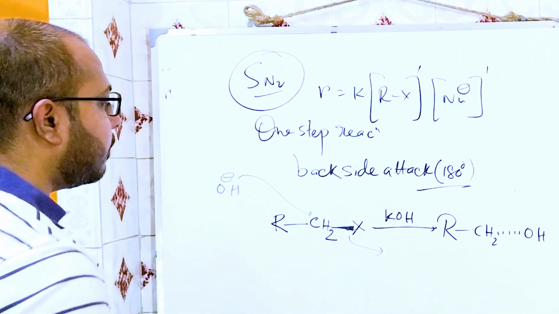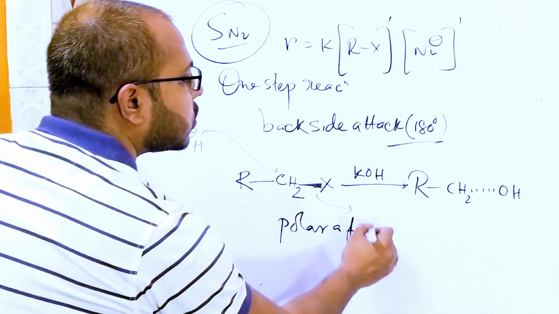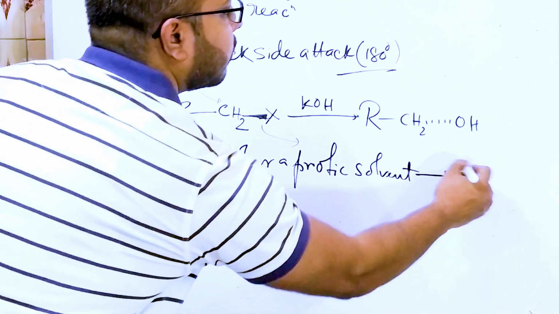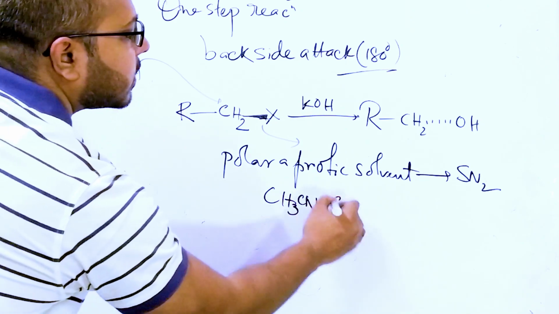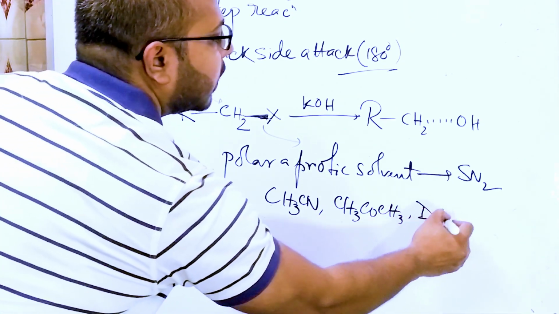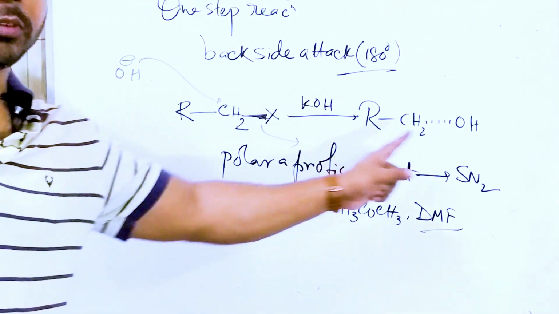So in case of polar protic solvent, SN1 favors, but polar aprotic solvent like methyl cyanide, acetone, dimethyl formamide, all these will favor SN2.